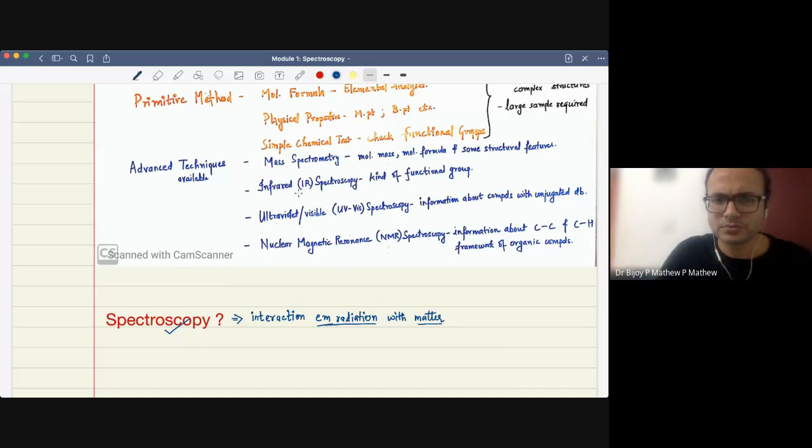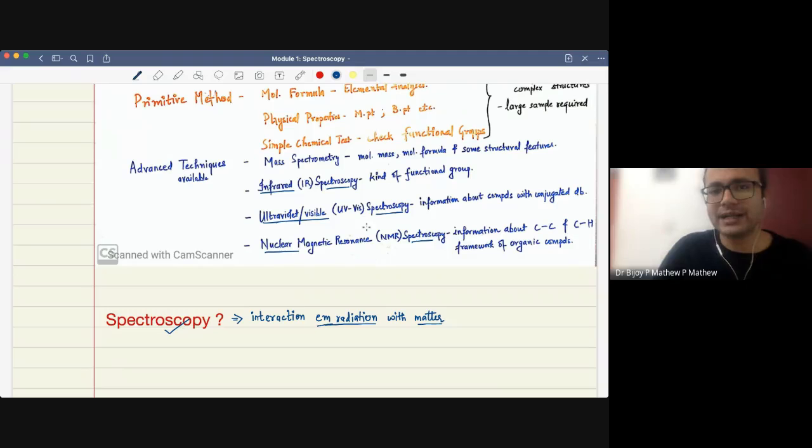So terms like infrared, ultraviolet-visible, nuclear magnetic, all of these come under the category of electromagnetic radiations. And that is why for all of these we use the terminology called spectroscopy.